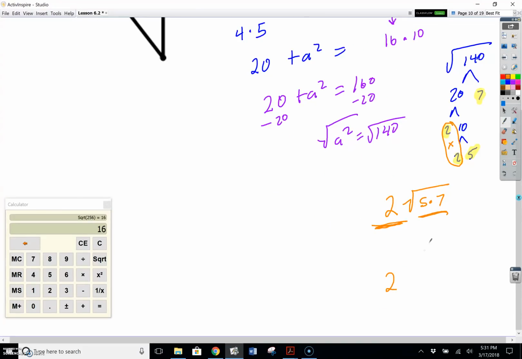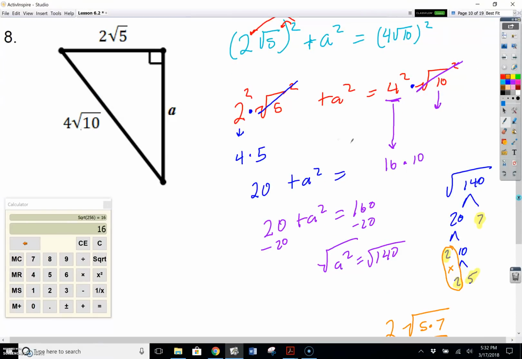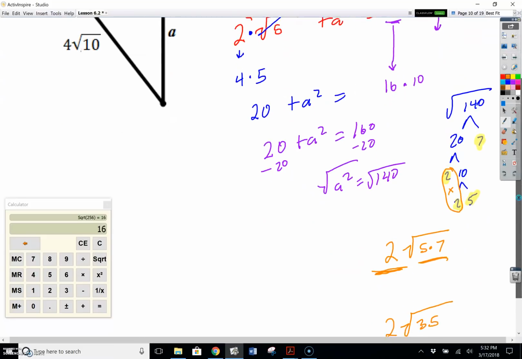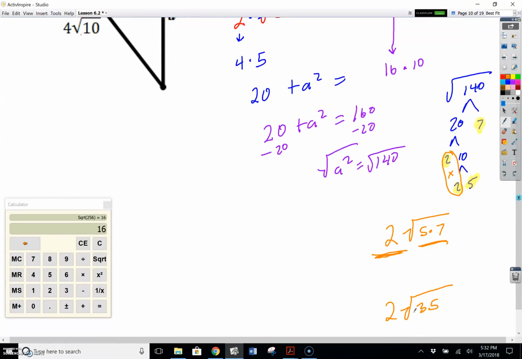Then you look inside the radical and say, can I simplify anything there? And yes, you can. It is 35. It stays just like that because there's nothing in common. There's no pairs, so I can't take anything out. So therefore, your final value is, a is 2 radical 35, which we have written right here.